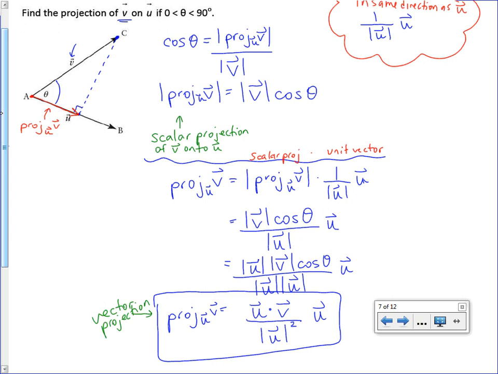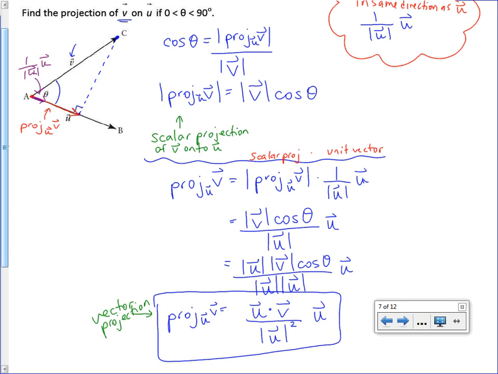I can't just go times u, done, because what if vector u is already 15 units long or 100 units long? If I just do that times vector u, then it's going to be that many times bigger. But if I pick a 1 unit long vector in the same direction as u, think of it like you just built a DIY unit vector.